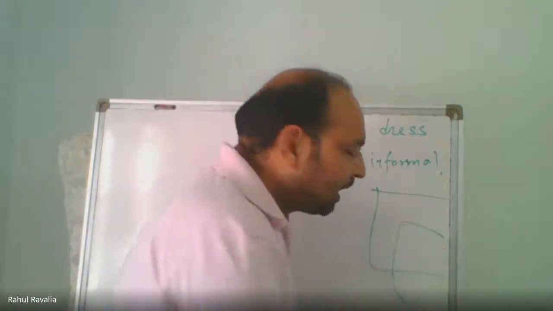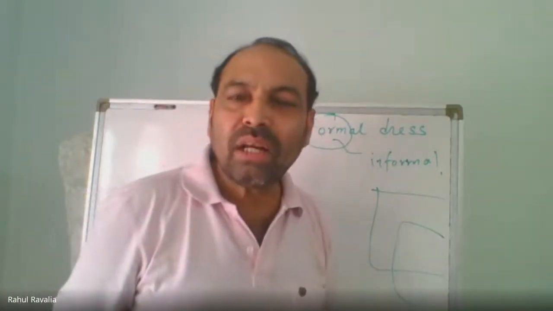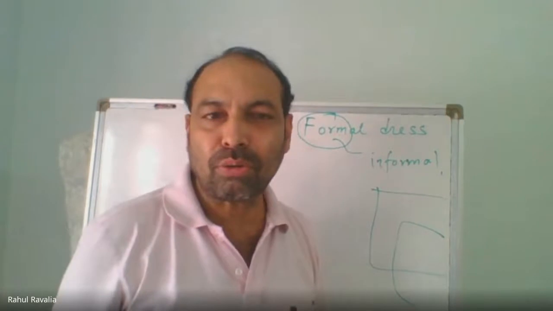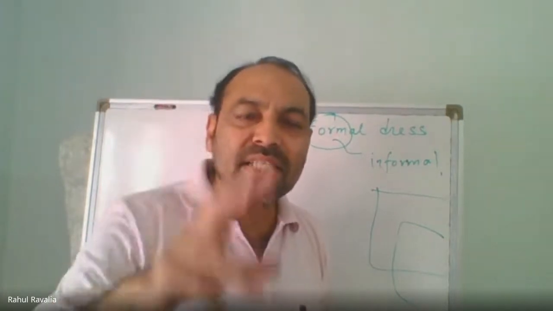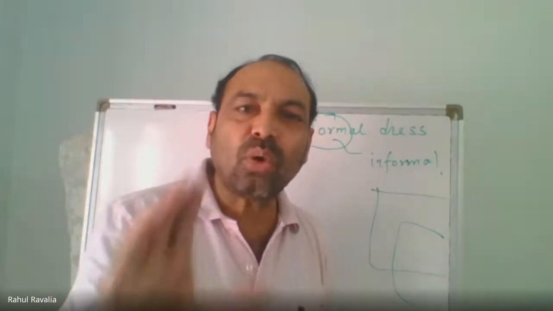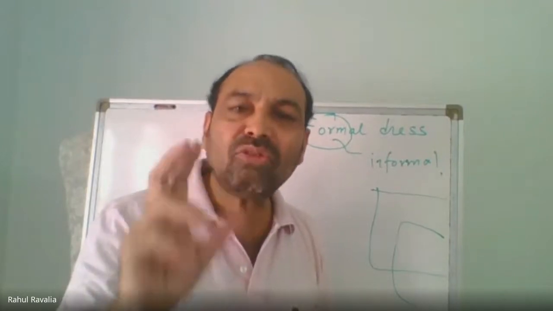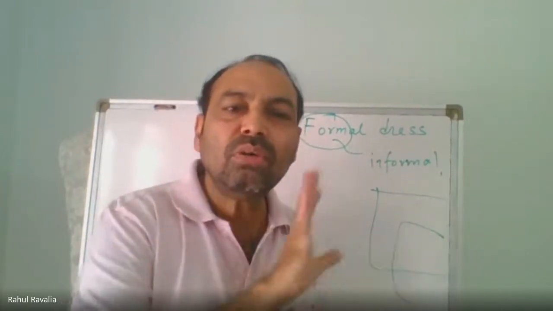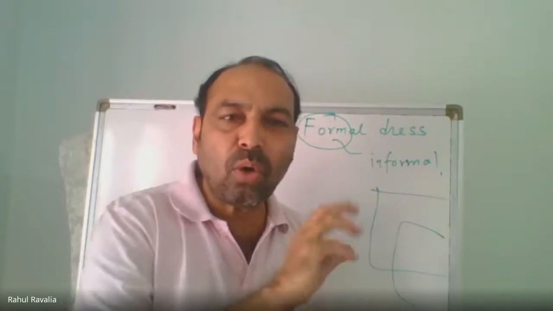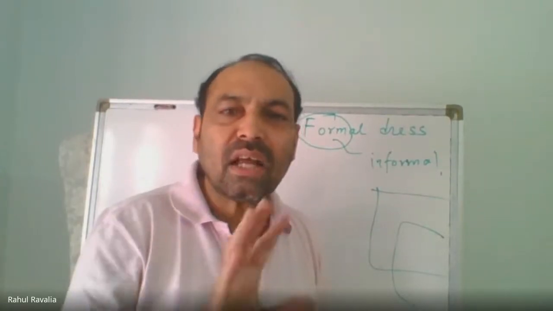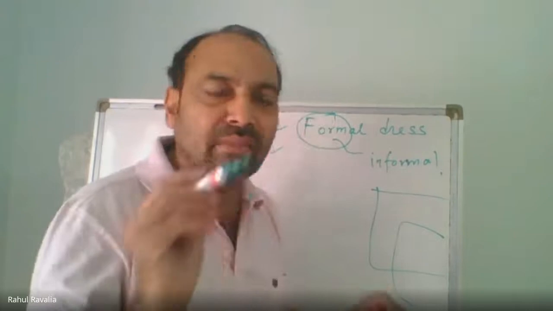If there is a meeting, the meeting can be formal or informal. Something that has a definite form is called formal. For example, all business letters are formal letters. Why? Because they have a definite form.